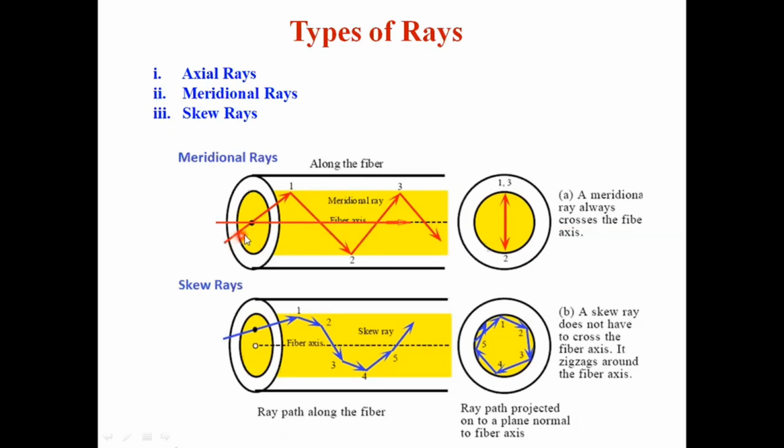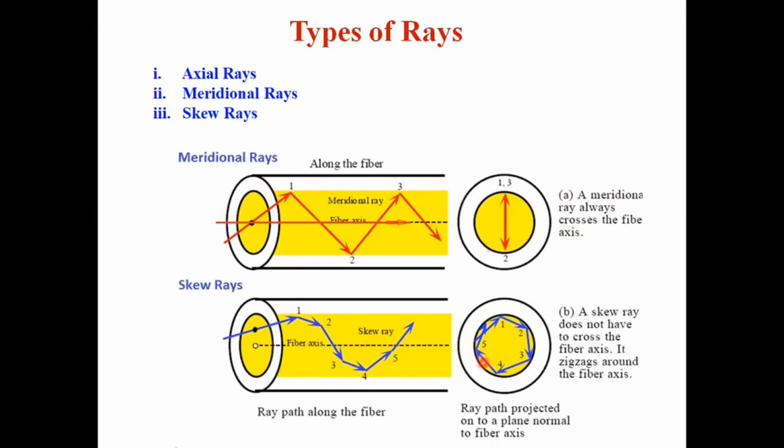Meridional rays travel along the core medium from surface to surface, crossing the center axis of the core. This is called a meridional ray. Coming to skew rays, shown in the second diagram, a skew ray travels along the core medium from surface to surface and does not cross the center axis of the core medium.